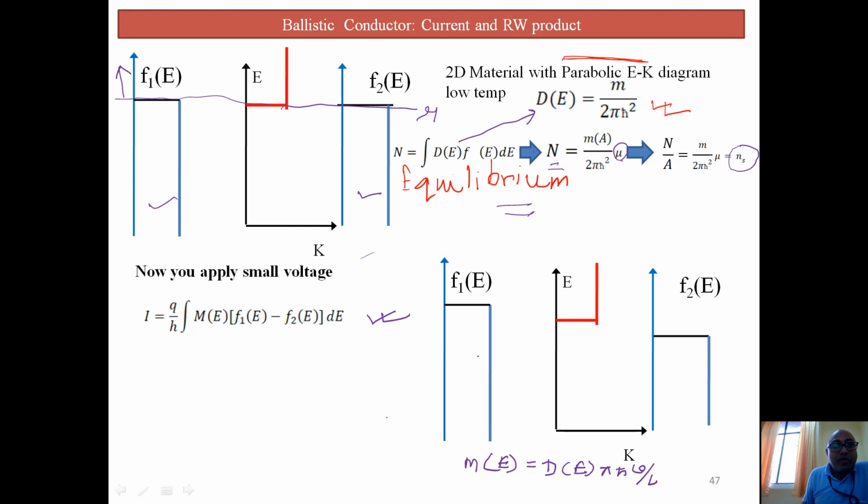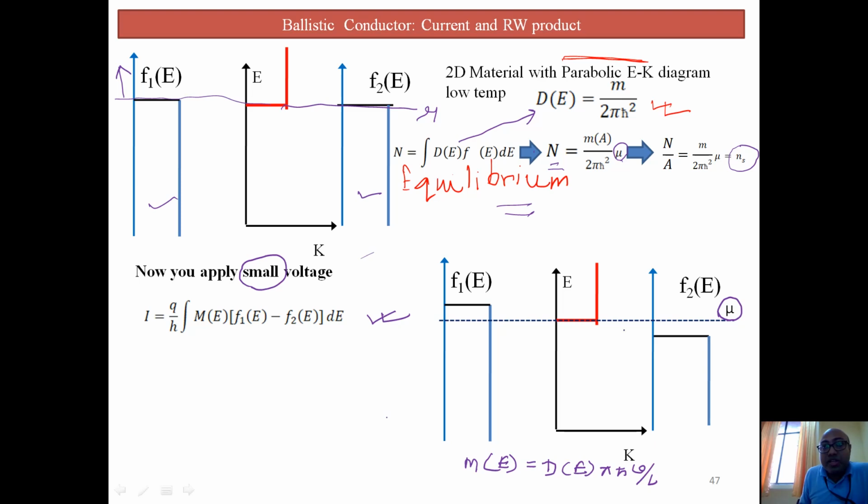So that is the part. Here if you come back and calculate the current at a particular energy, and what is the particular energy? That is mu. See, here I have written mu. We need to know what is happening at that energy, because you have applied a very small voltage. We are going to find the conductivity.